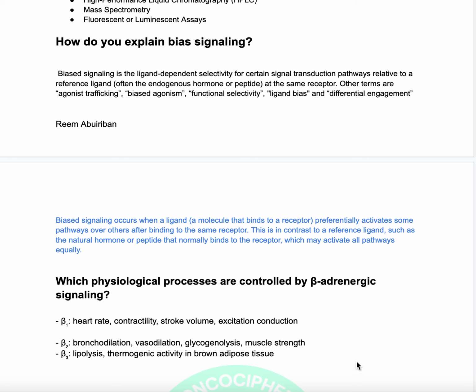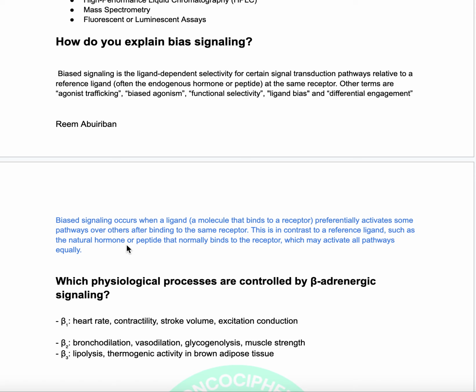Biased signaling occurs when a ligand molecule that binds to the receptor preferentially activates some pathways over others, like working on one pathway and leaving the others after binding to the same receptor. This is in contrast to a reference ligand, because the reference ligand activates both pathways in the same way and equally. The reference ligand, such as a natural hormone or peptide, normally binds to the receptor and may activate all the pathways equally.